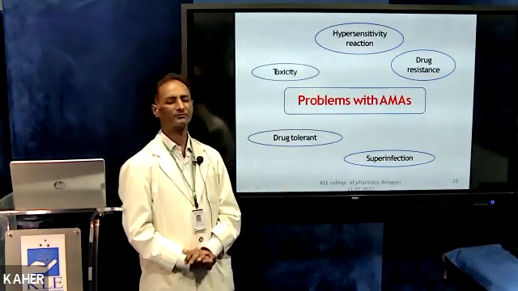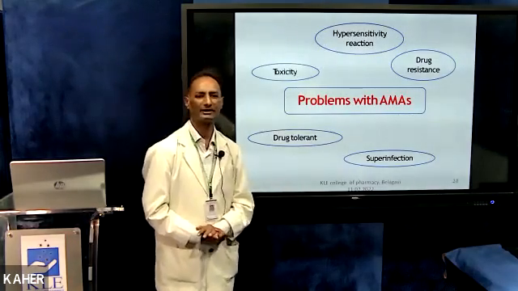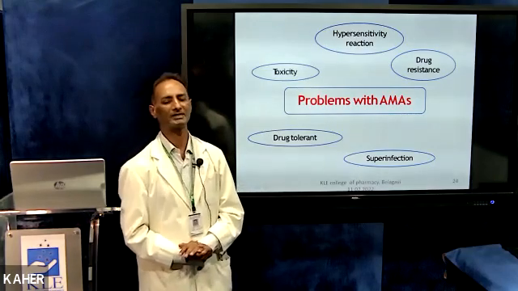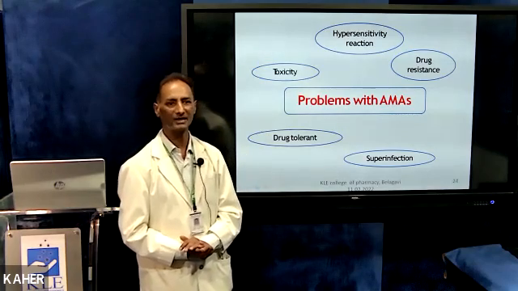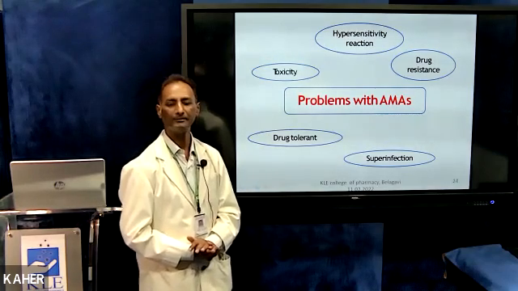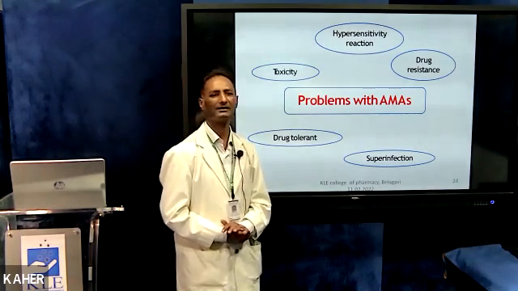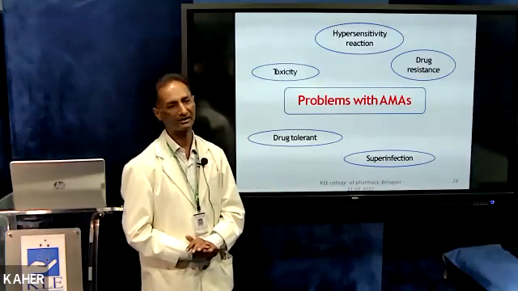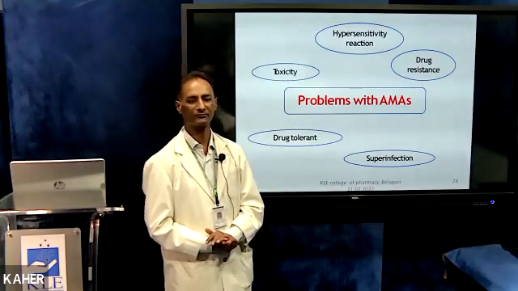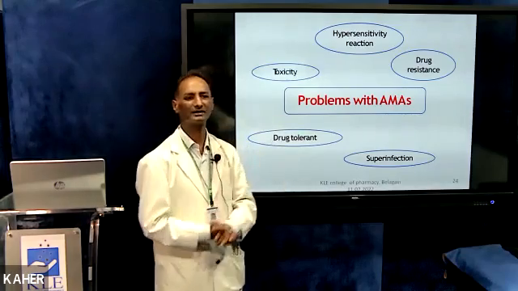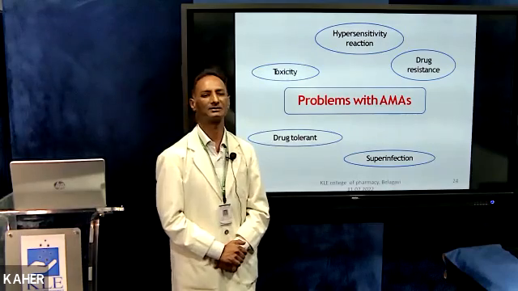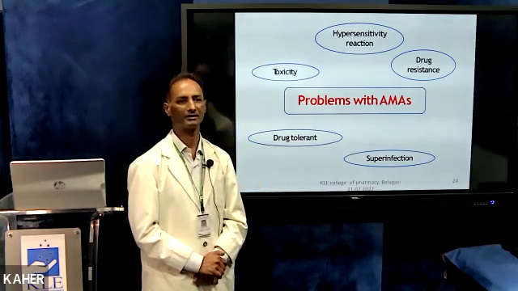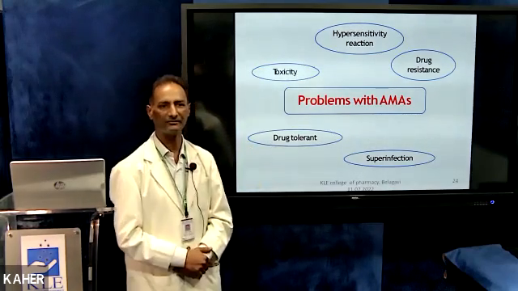So one of the main problems with antimicrobials is that they possess certain toxicity, and also certain allergic and hypersensitivity reactions, like penicillin and other drugs, and they also have drug resistance. Certain microbes are very smart. They change their target of the antimicrobial, and they bypass the synthesis of the metabolites they previously had.